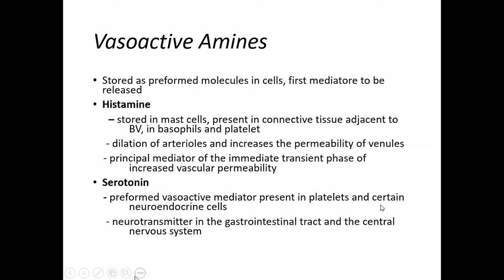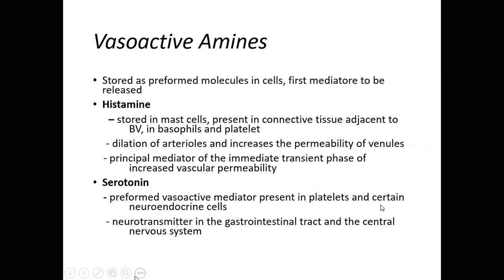Histamine is stored in the mast cell granules and is released by mast cell degranulation in response to a variety of stimuli, including physical injury such as trauma, cold, heat, and binding of antigen to IgE antibodies on the surface of the mast cells, and this mediates the hypersensitivity reactions.